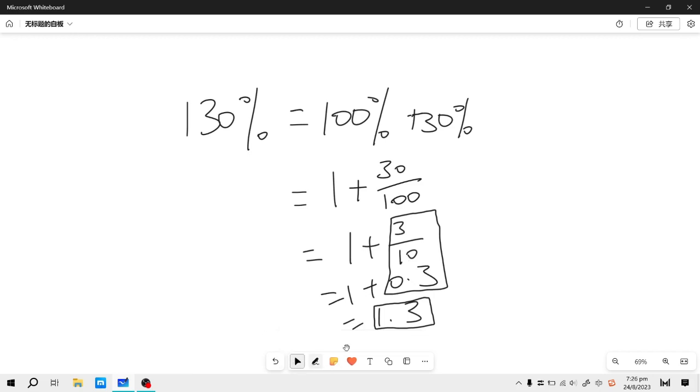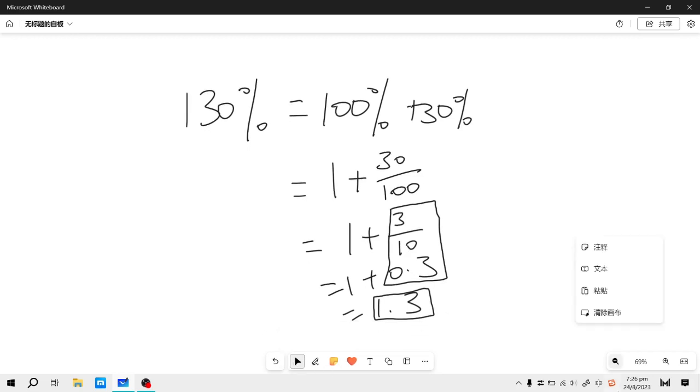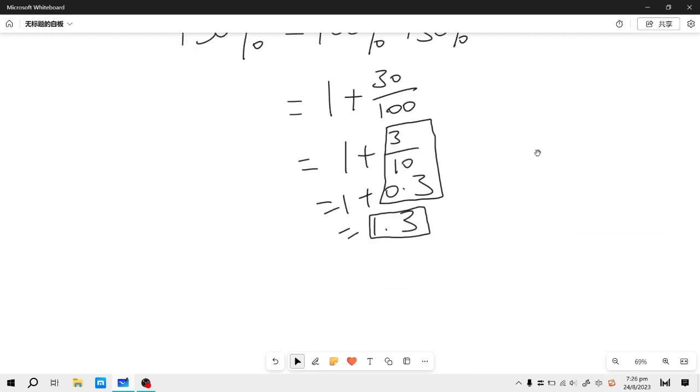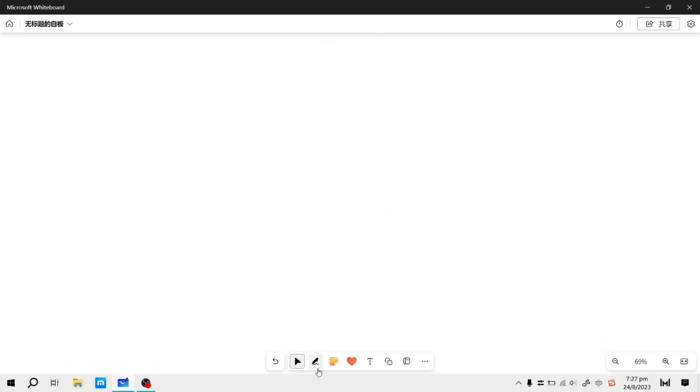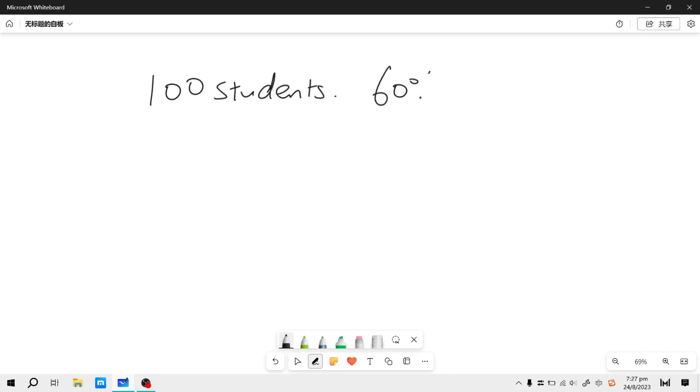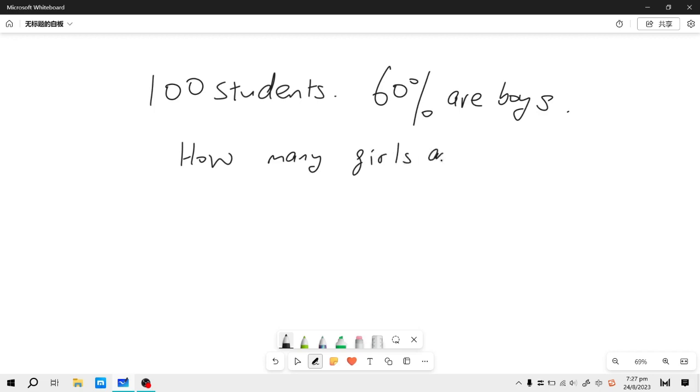So now let's move on to some simple word problems. So let's say we have 100 students. And 60% of them are boys. So how many girls are there?